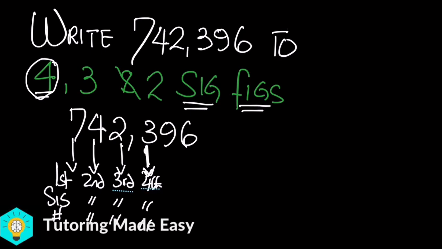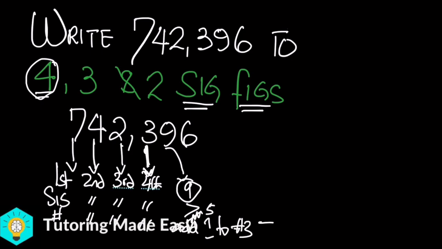If that number is greater than 5, then we can add 1 to this 3 here. Now the next number is actually 9, and 9 is greater than 5. If it's also equal to 5, we can add 1 to the 3. But 9 is actually greater than 5, and because of that, we're going to add 1 to the number 3.